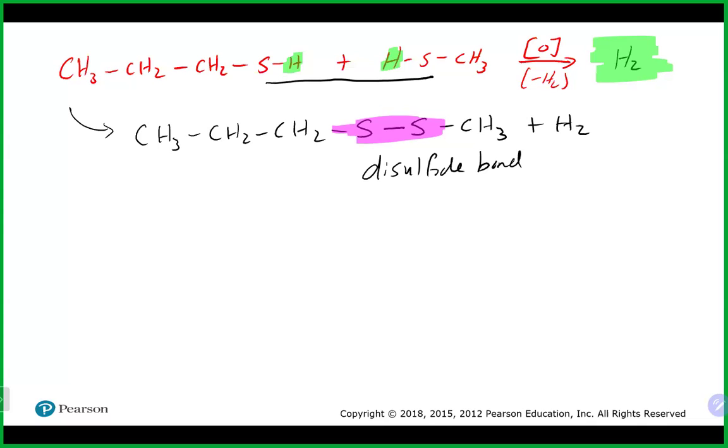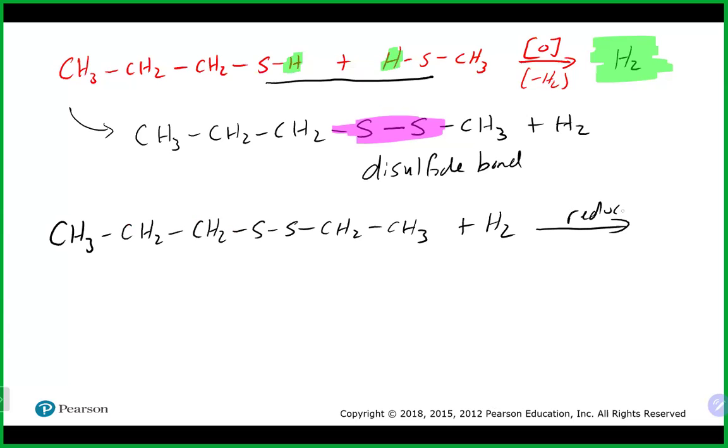So obviously, as we know, if there is an oxidation reaction, there should also be a reduction reaction that could occur. So if you started with sort of a disulfide bond here, and you added hydrogen, you will do the reduction reaction, which is we're basically just going to put the hydrogen back on.